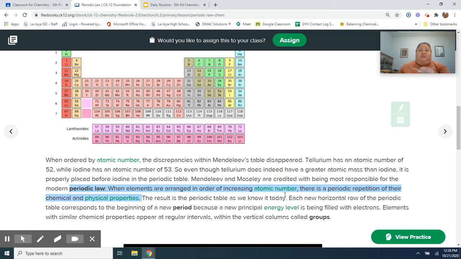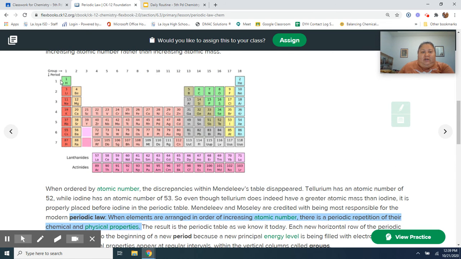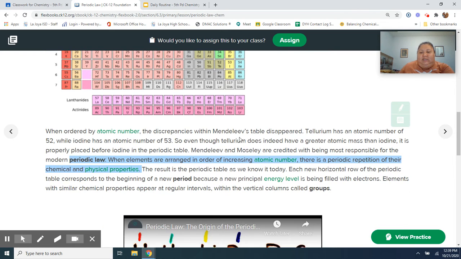Now, they start to give us examples of these chemical and physical properties that repeat for each horizontal row. So we're talking about across, right? These are called periods. You've got 1 through 7. Each horizontal row of the periodic table represents the beginning of a new period, because it starts a new energy level that's being filled with electrons.